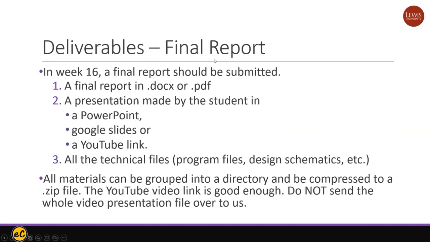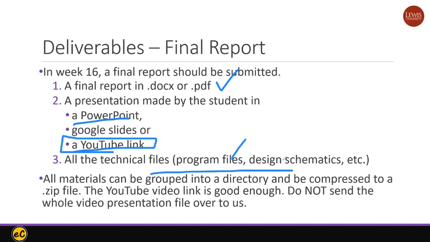Okay, and then the final project. For the final project, you need to include a written report on how you actually worked out this project. And the presentation: what is the result? Maybe PowerPoint, maybe a YouTube link. And then the technical files, your .py, your AutoCAD file, or whatever file you have.